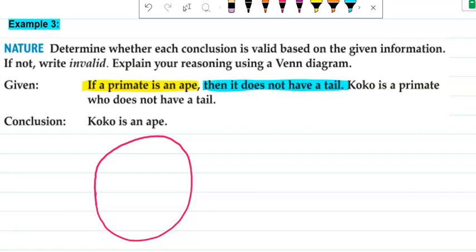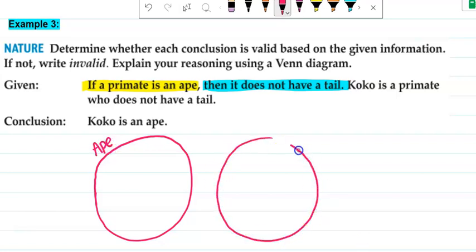So we would show that we have apes over here and primates that have tails over here. We could show that inside, or we could even draw a bigger picture, that apes would be inside of having tails, okay?